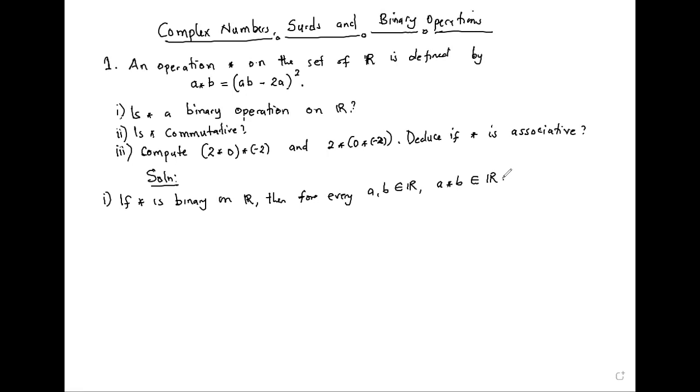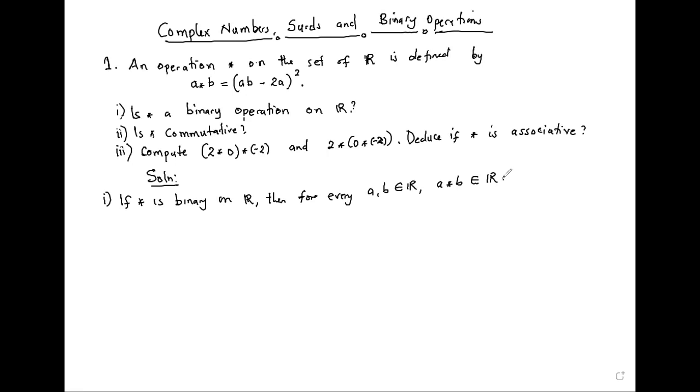So if we get 2, 3 from R, after you work out the 2 star 3, it should also be a number in R. Now, since R is a set of real numbers, you will agree that when you multiply 2 real numbers, that is A, B, we still get a real number. And then we subtract 2 multiplied by A, it will still be another real number.